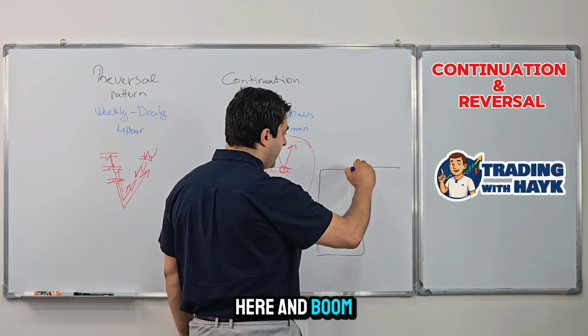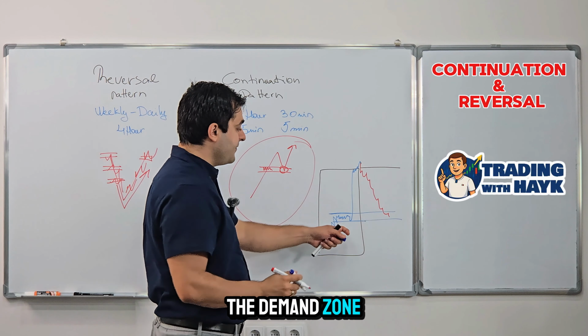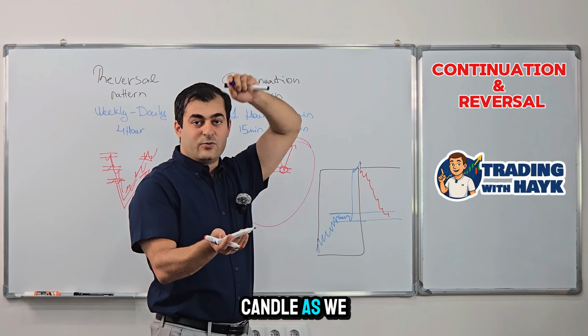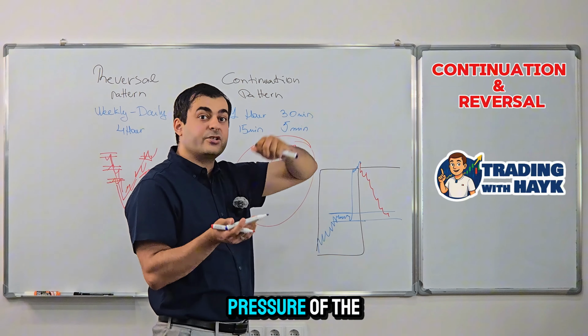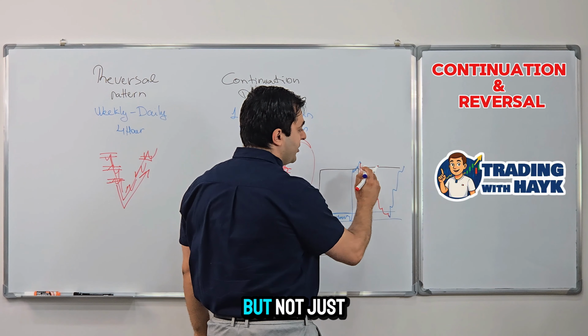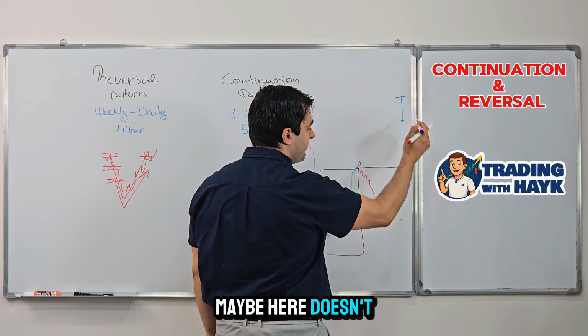Therefore, what we're gonna see is something like this. So it's gonna go and test the demand zone of the daily chart and the daily candle. As we closed green, in this case, we have the pressure of the last day. We have a huge potential here that this is gonna go up, but not just here, but all the way up here, maybe here, doesn't matter.